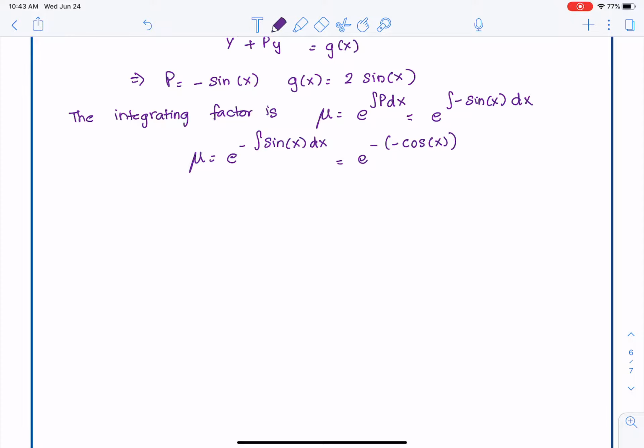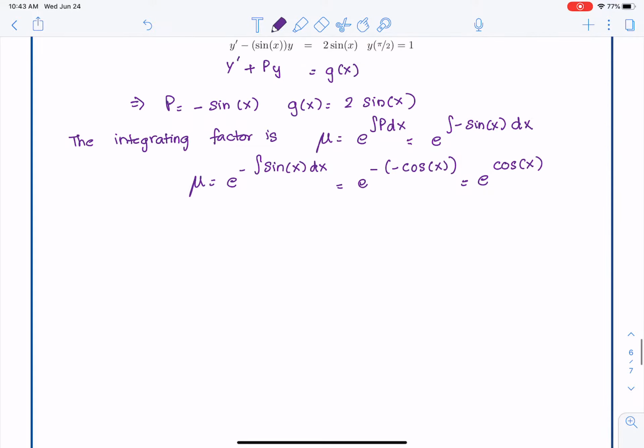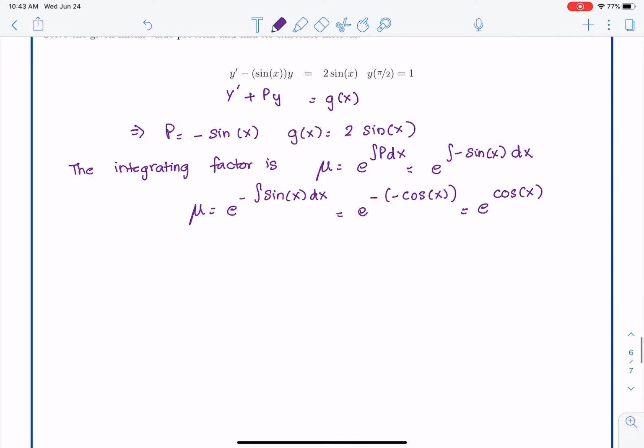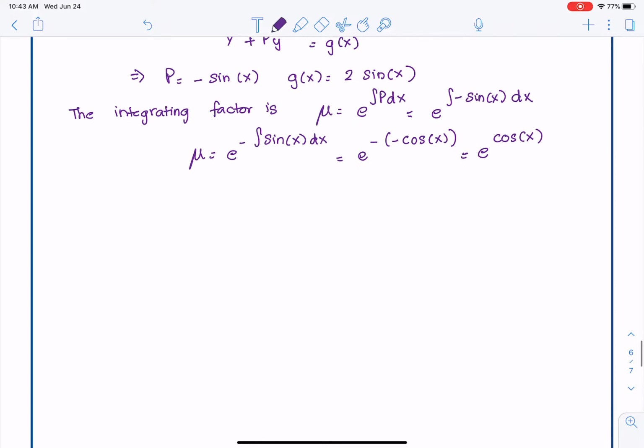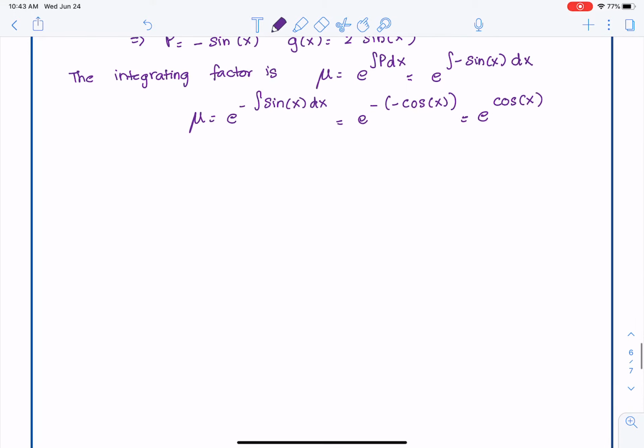So we have mu equal to e raised negative of negative cosine x. So we end up getting e raised cosine x. So we have the integrating factor, which is e raised cosine x. Now we move on to the solution.